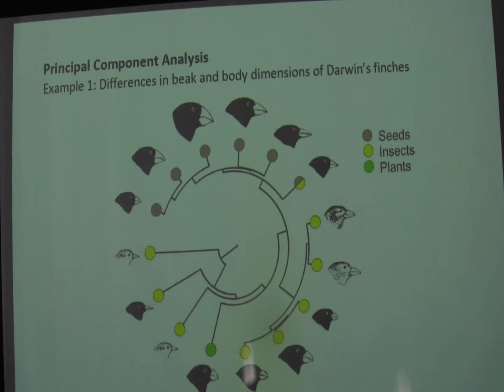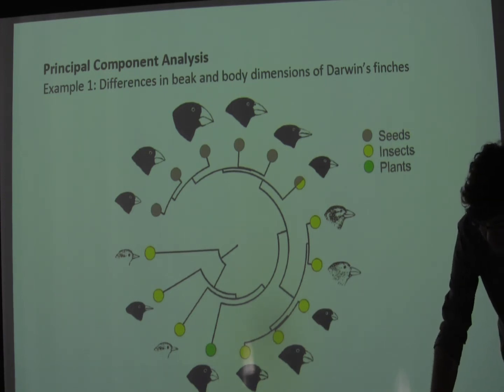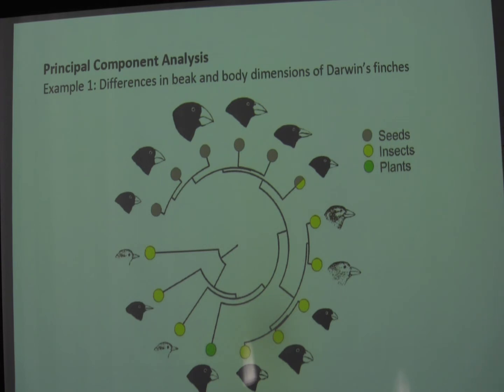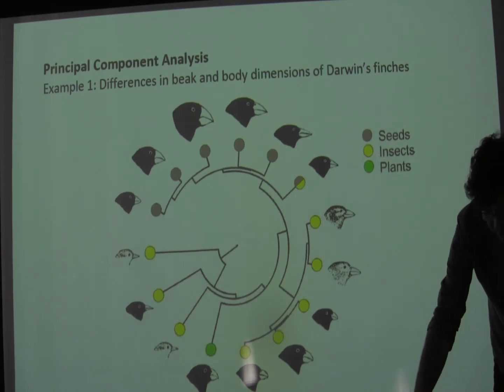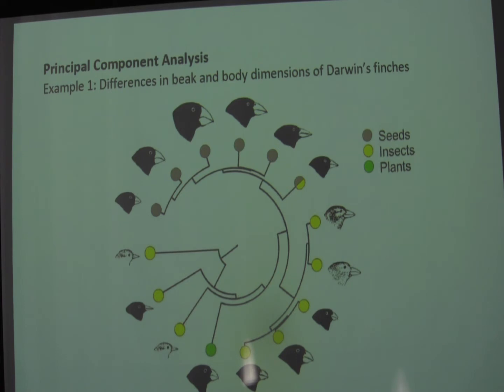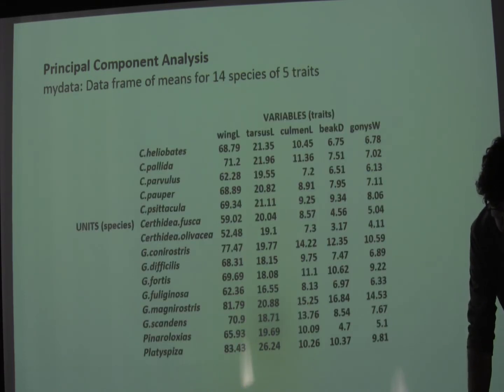So I thought I would take an example from some measurements that I had handy on the computer, just looking at variation in beaks and bodies of Galapagos finches. We know that this is related to their different diets, and we would like to find out some way of ordinating these things to give us an idea of which species is close, which resembles other species, and which species are different from one another.